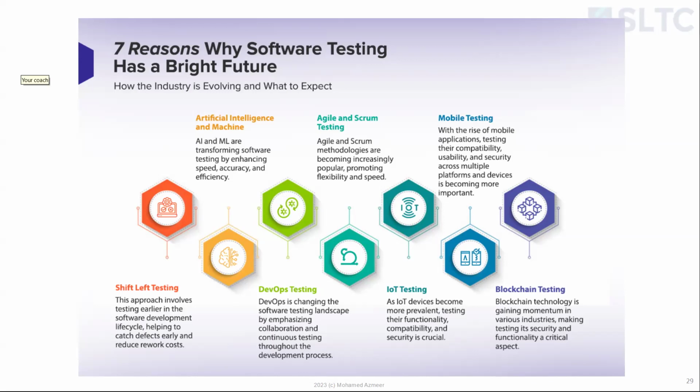Shift left testing. What does that mean? Left means earlier. The left-hand side is where you start things and the right-hand side is where things end. So shifting towards the left, you not only test things, you're also getting into stuff like business analysis, planning, stuff like that. So you learn a lot more. And also there are things like DevOps testing, a big deal nowadays.